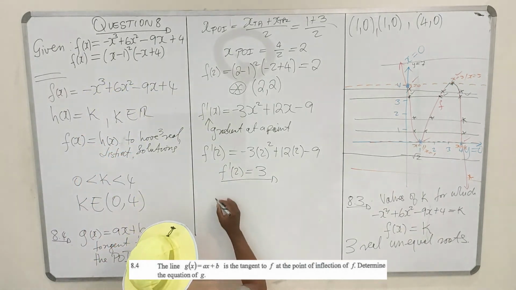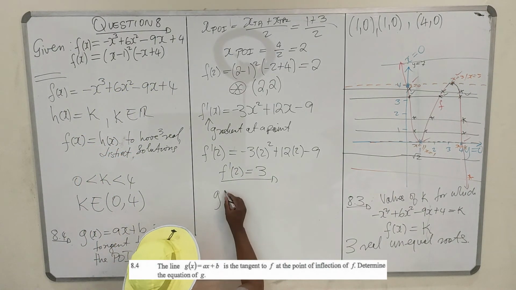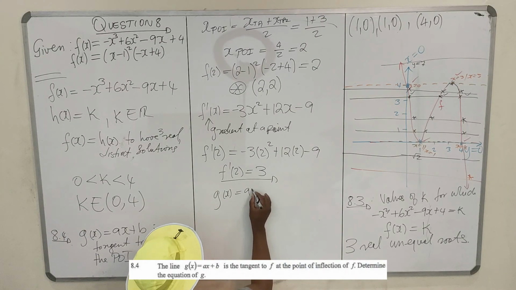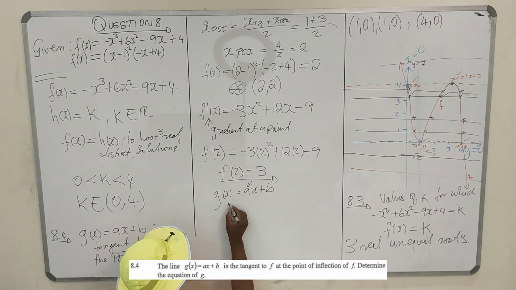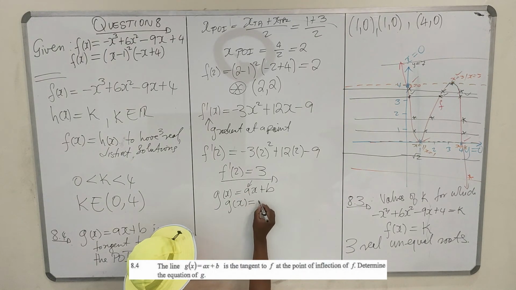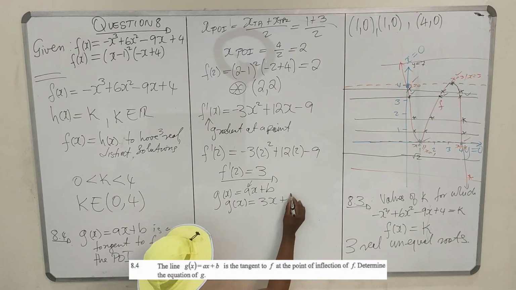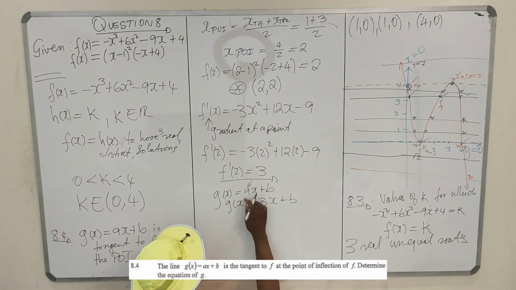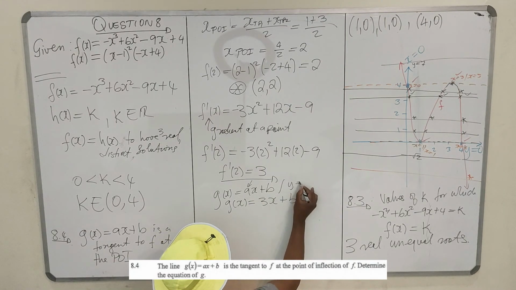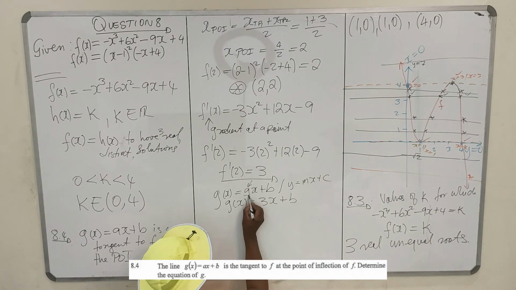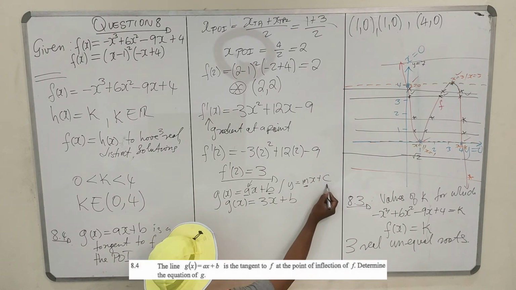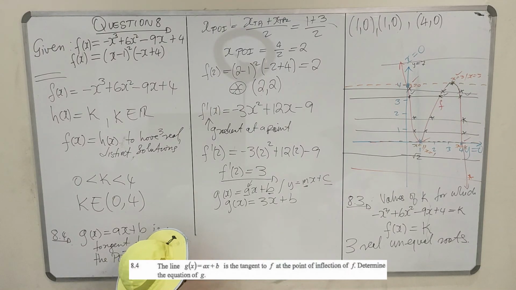So your g of x, which is a line, is equal to ax plus b. So g of x is equal to 3x plus b, because this is the gradient. You know the equation of a line is y equals mx plus c. This is the same thing: this is your m, and this is your c.